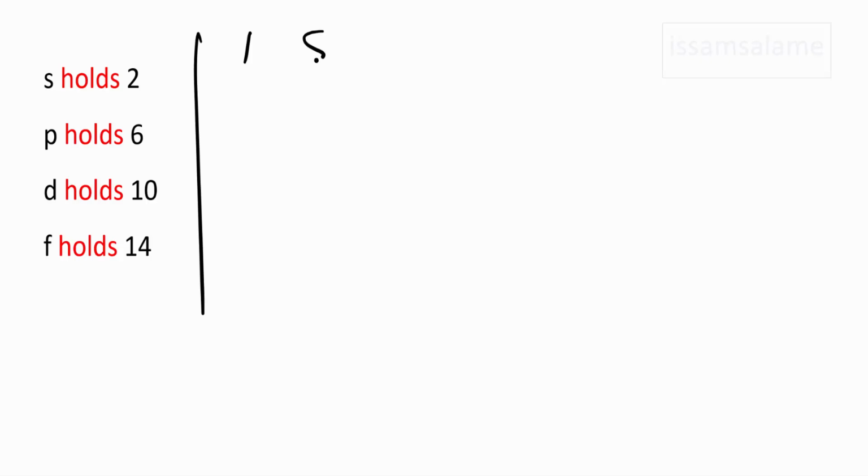These are the subshells. The first shell has only one subshell. The second has 2 subshells. The third has 3, S, P, D. And the fourth has S, P, D, F, and so on.